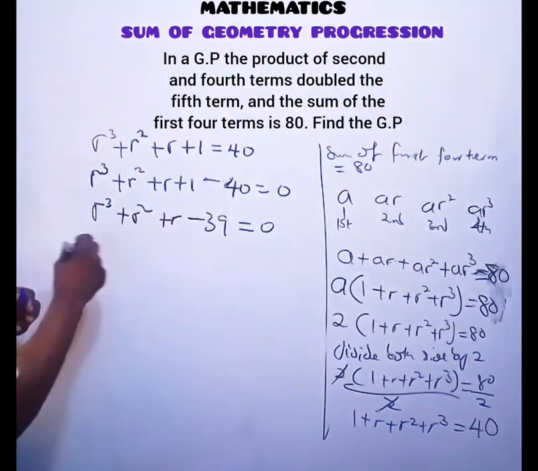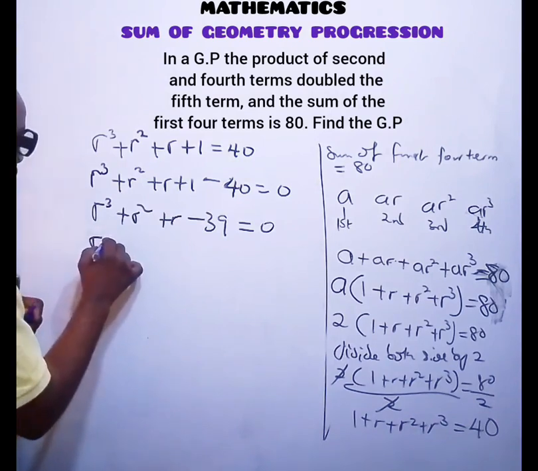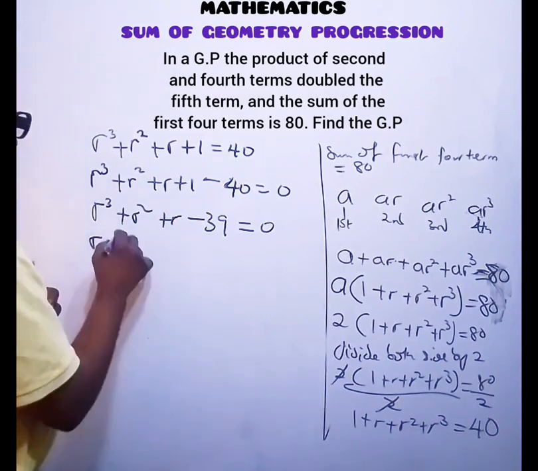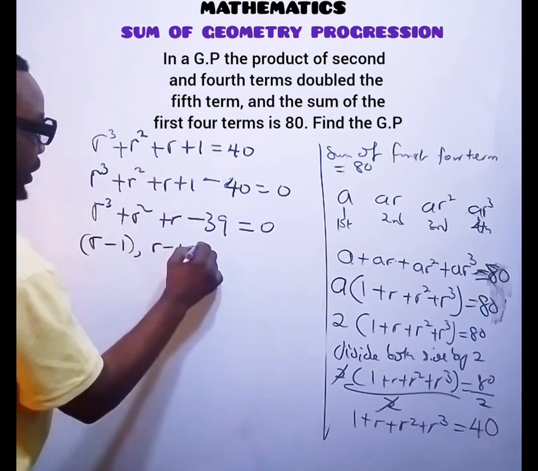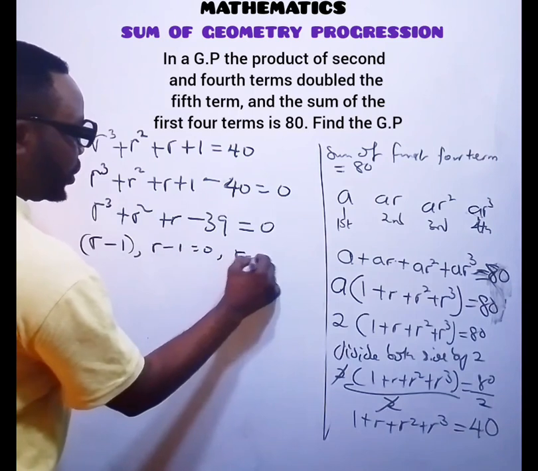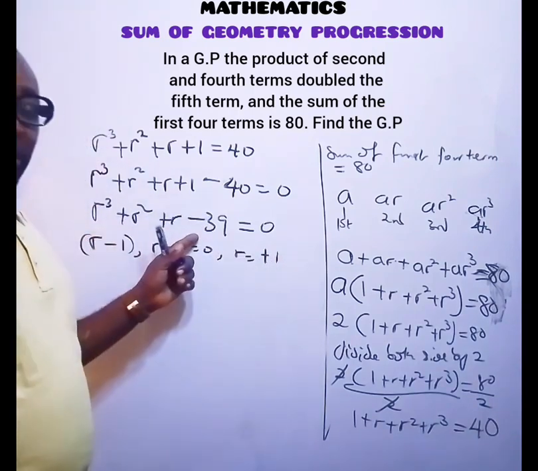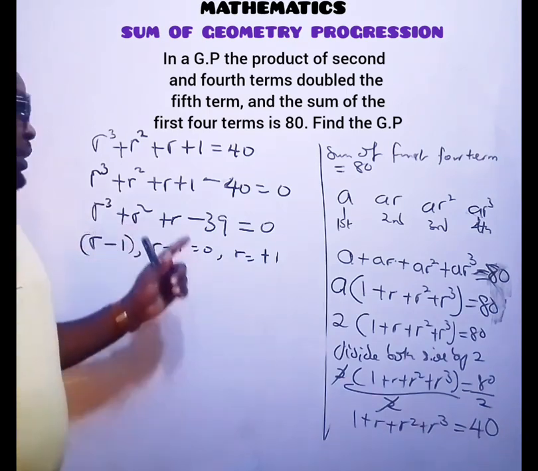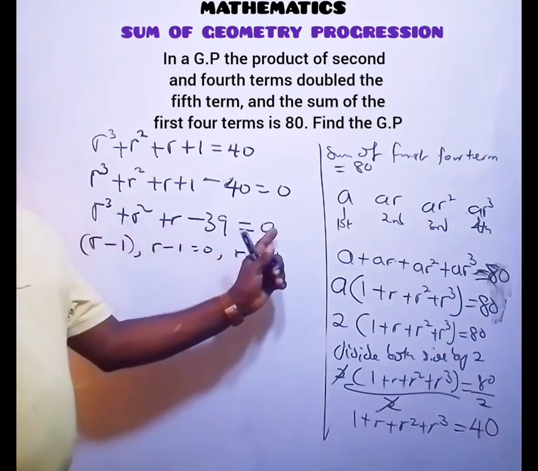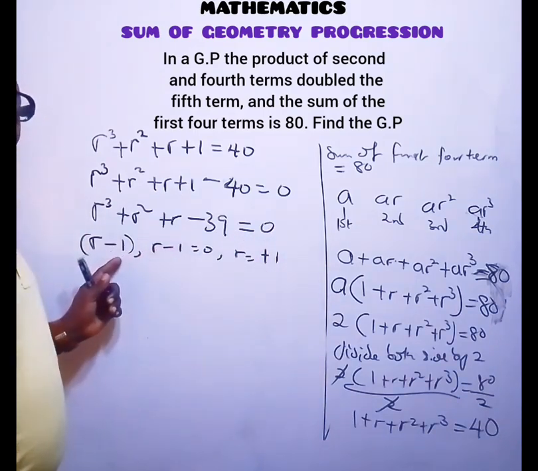Now, I want to make use of r minus 1. If I say r minus 1 is equal to 0, then r will be equal to plus 1. If I insert plus 1 into this expression wherever we have r, and everything added together results in 0, then I can use r minus 1 as my factor.